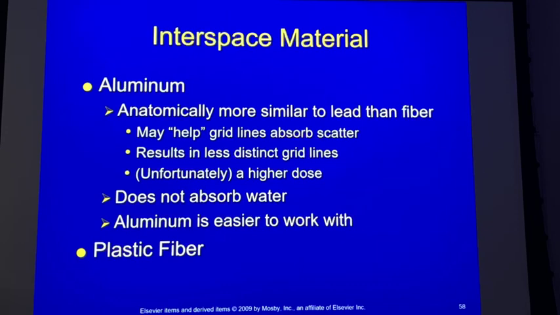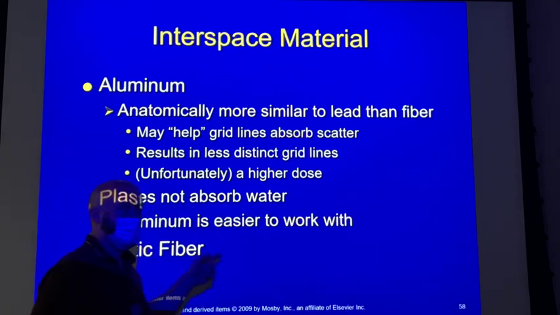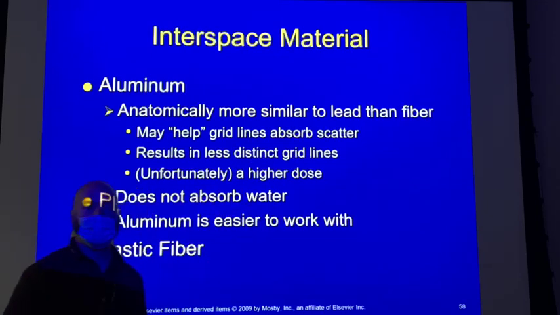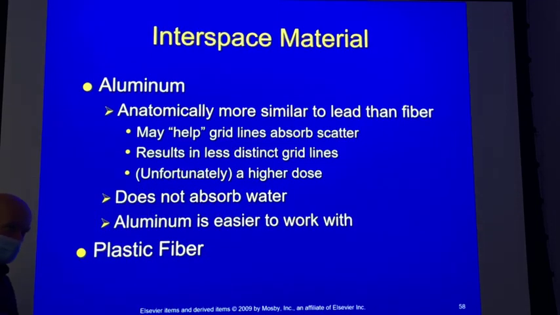Yes. So you've got a couple of benefits there, but if aluminum is more radiopaque than the other materials, then what are you going to have to do? Increase your mass. Yeah, you're going to have to increase your mass again. So if you increase your mass again, the patient dose goes up.